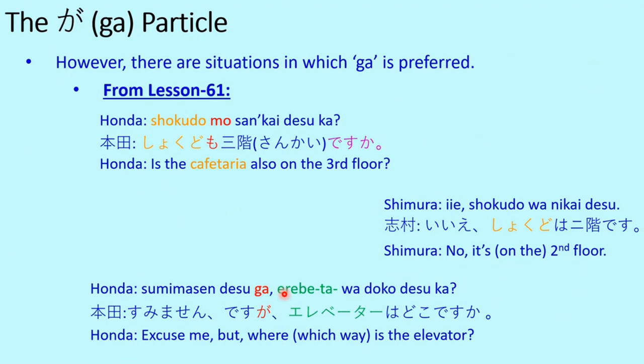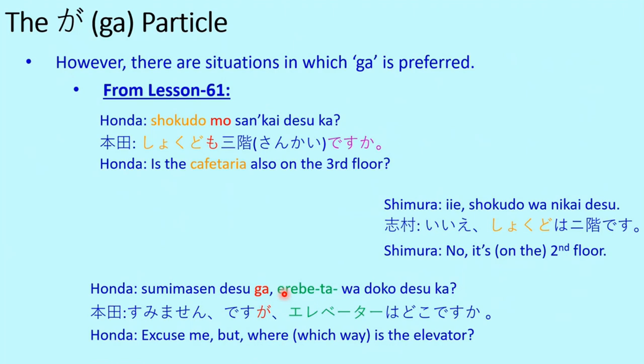So friends, this is about ga, and we have discussed the very fundamental concepts related to ga and some of its differences with wa. But believe me, there is much, much more to that, which you will come across in due course as we go along in this course.